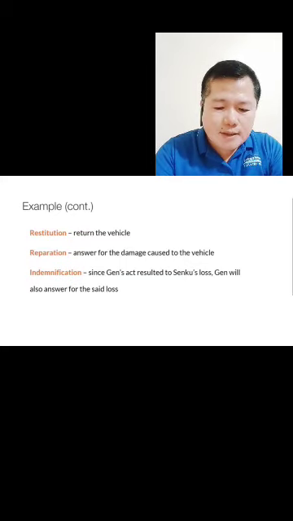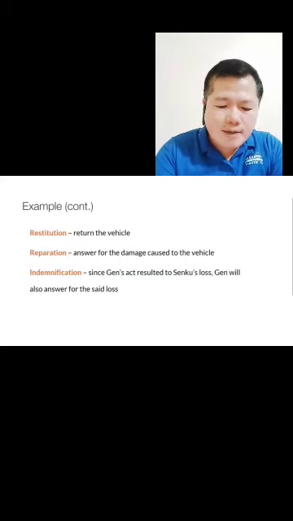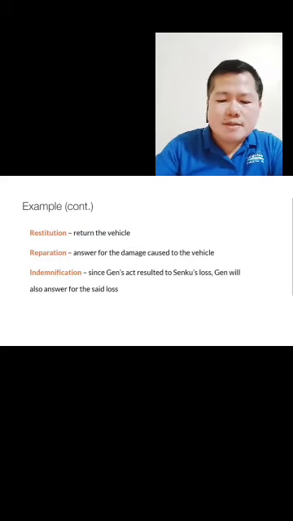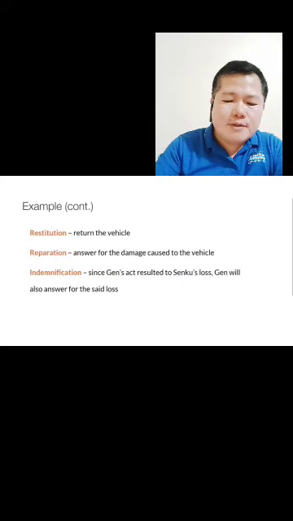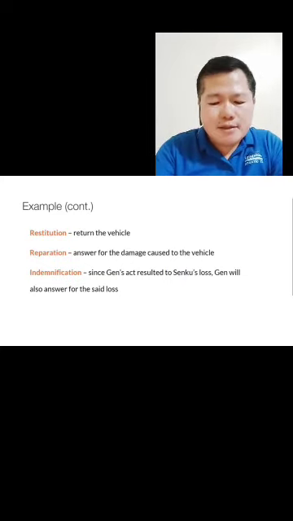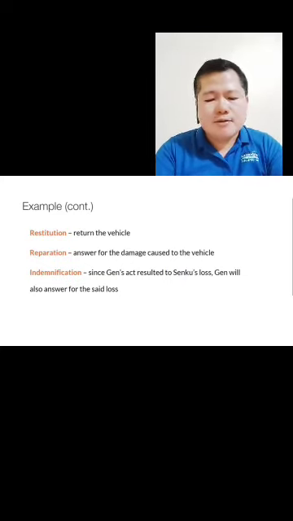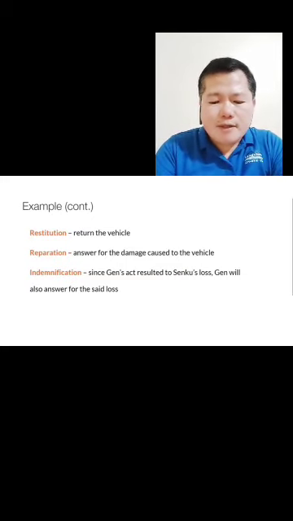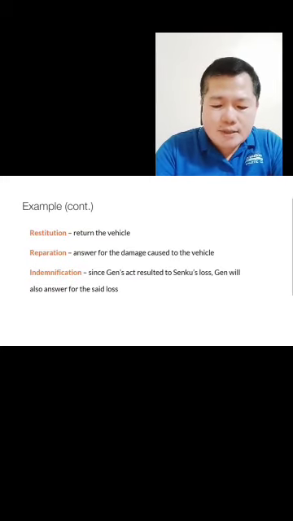That sentimental value still falls under what we call reparation. So reparation is still possible if the thing has sentimental value, even if the thing is damaged beyond repair or can no longer be restored to its original state. So that is reparation. Generally, reparation is not possible if the thing is totally lost. Let's proceed to the last, which is indemnification.